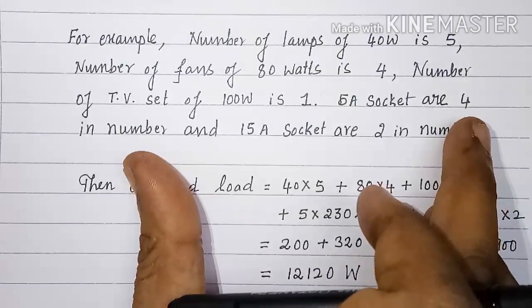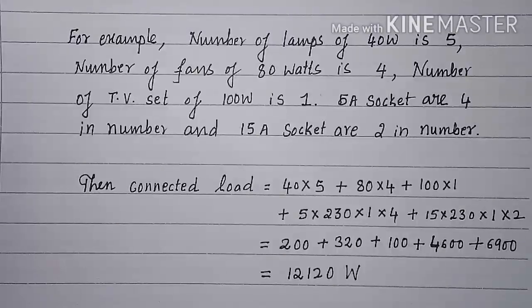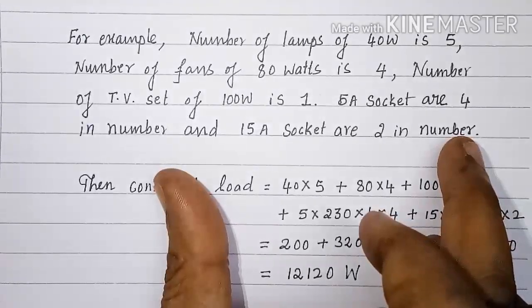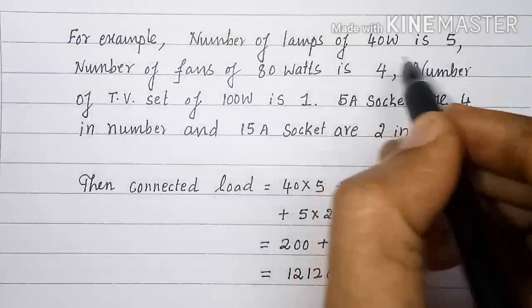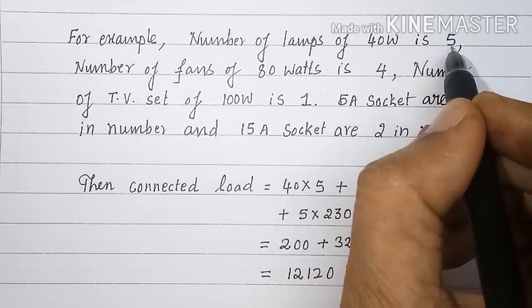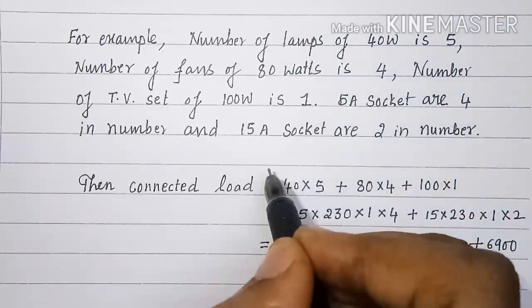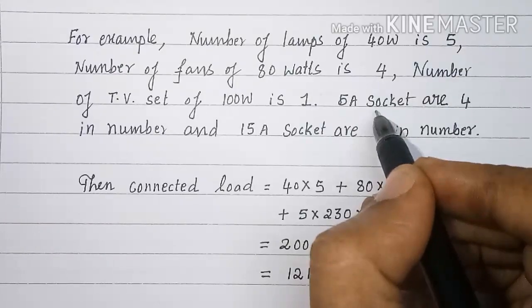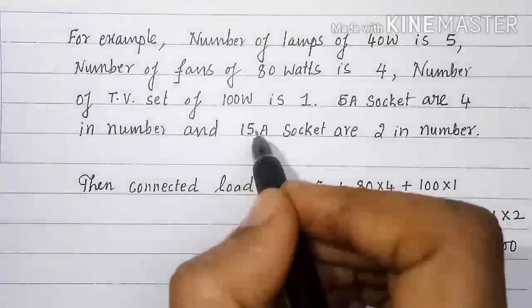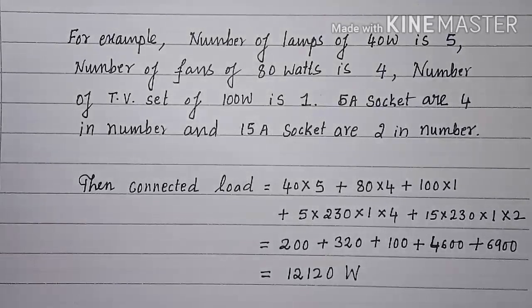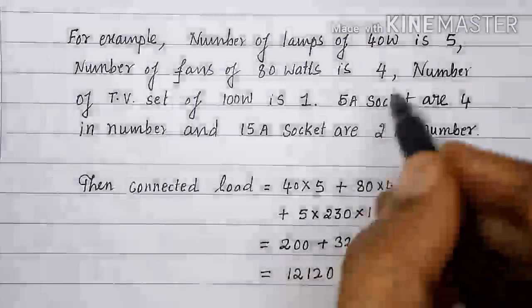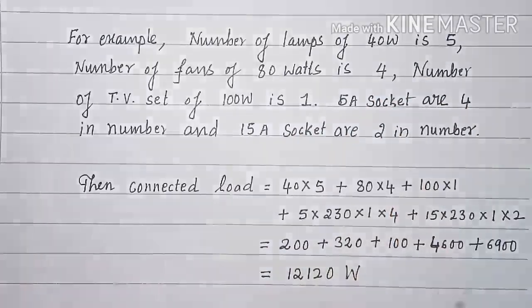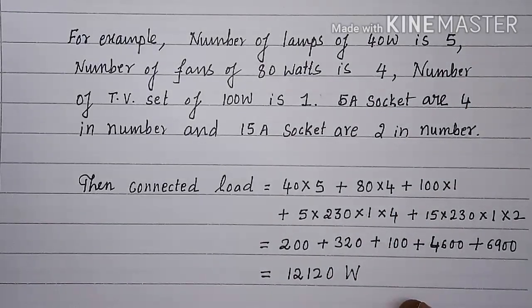If I consider 24 hours of time, say in that 24 hours, only 2 lamps of 40 watt, 2 fans of 80 watt, 2 sockets of 5 ampere and 1 socket of 15 ampere is in operation. And at other times, say less than these number of appliances are in operation.